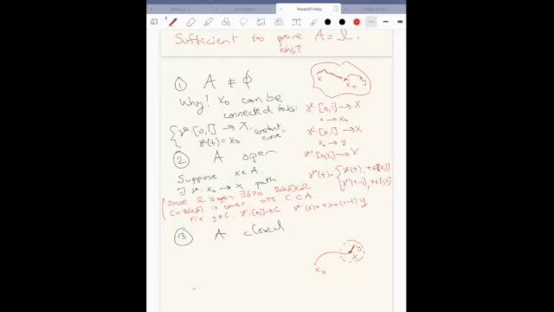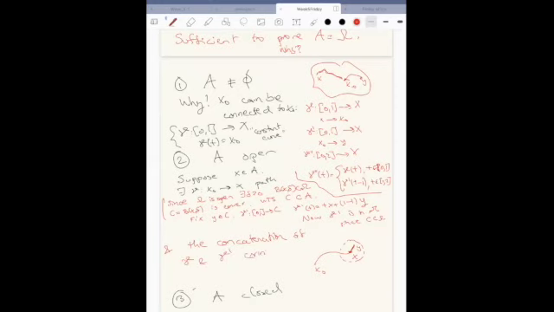Now, gamma prime is in omega, since C is a subset of omega, and the concatenation, just defined just like before, of gamma and gamma prime connects x naught to y.